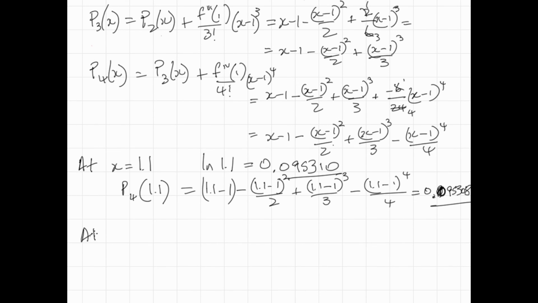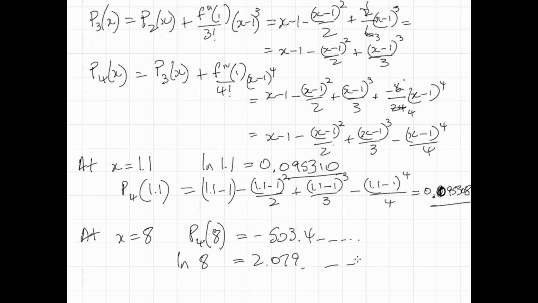So at x equals 8, now that's nowhere near x equals 1, but at x equals 8, the approximation P4 of 8 is equal to negative 503.4 and so on, but the natural log of 8 is equal to 2.079, whatever.